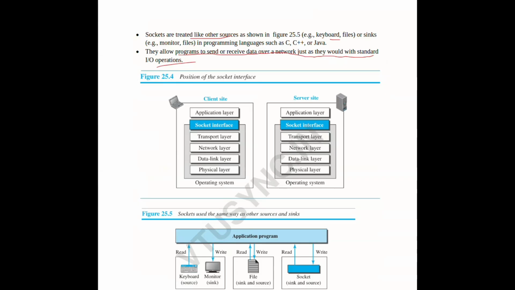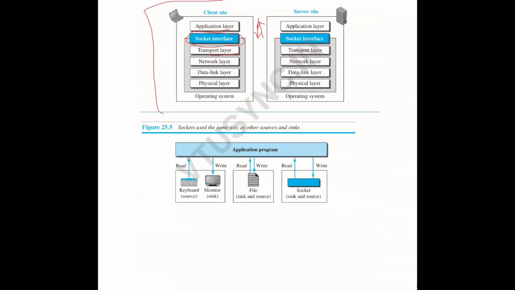If you see this figure, socket is placed between the application layer and the transport layer. So whatever is given inside or whatever is given outside, it goes through this one socket interface.